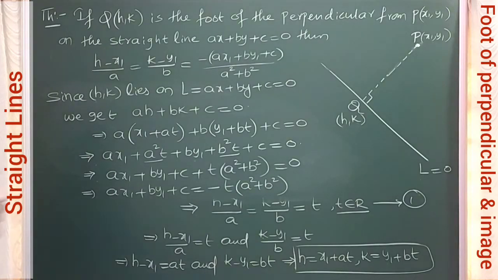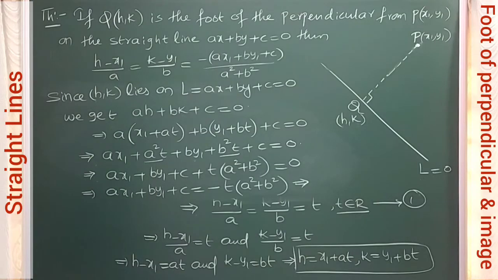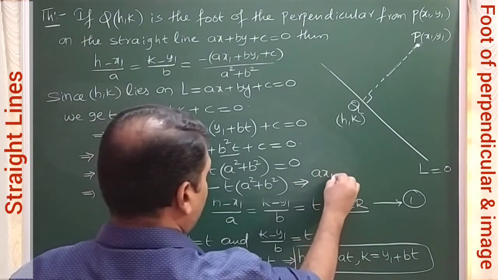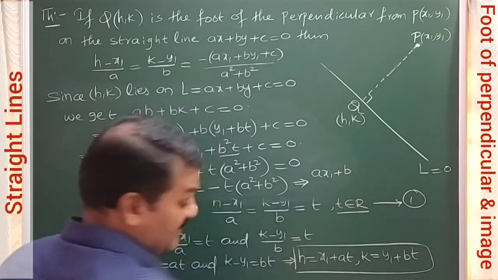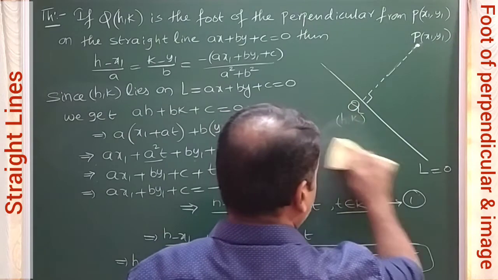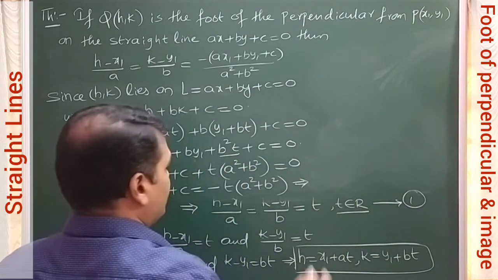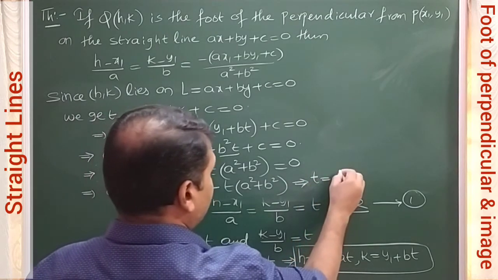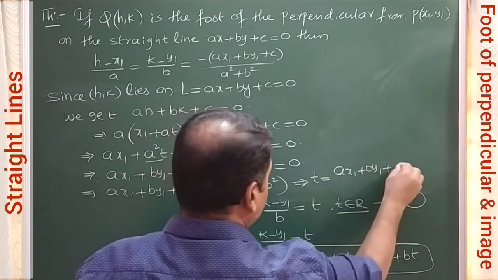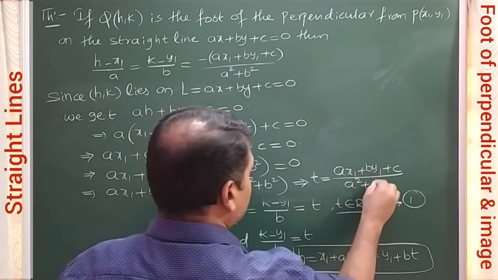So what is t now? So t value can be written as, okay, first I will write t. From this we can get t is equal to ax1 plus by1 plus c by a square plus b square.